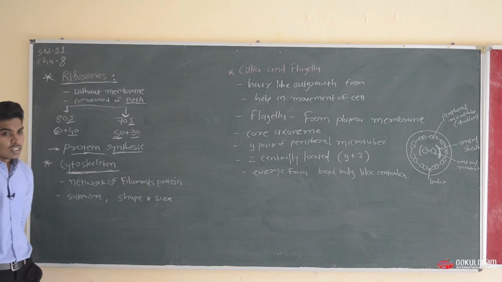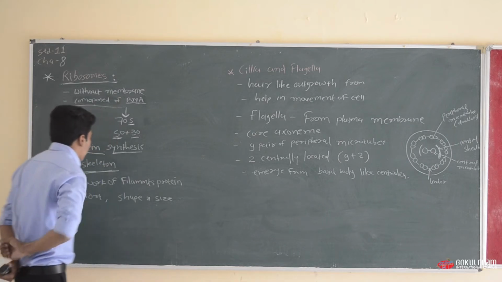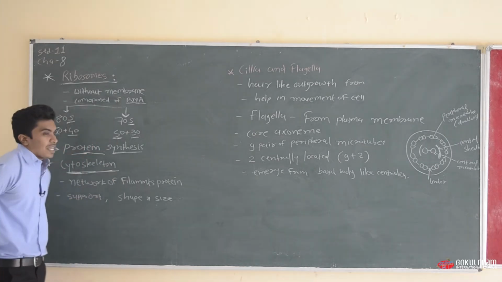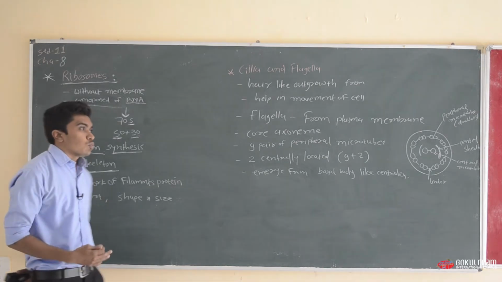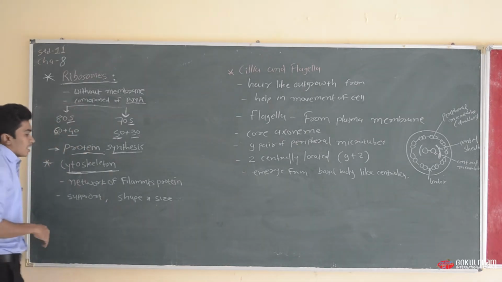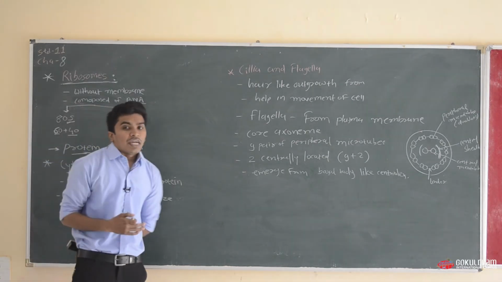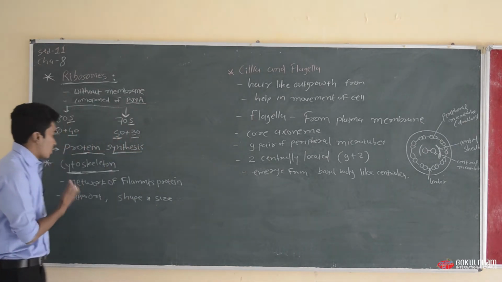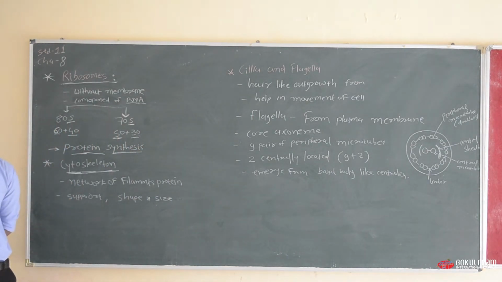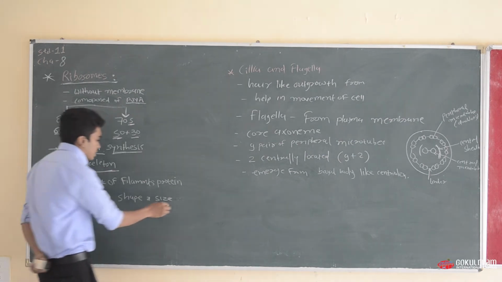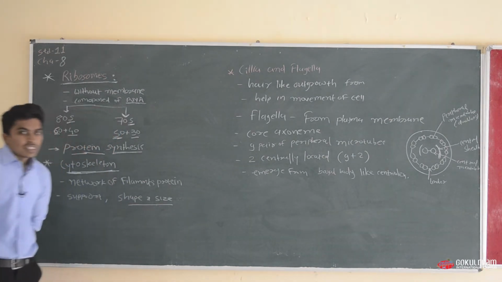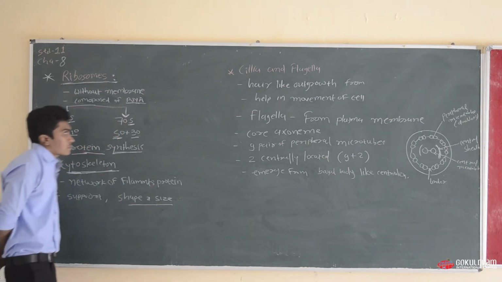Now what is the function of the cytoskeleton? It gives support to the cell and its motility, and it also maintains the shape and size of a particular cell. So this is about the cytoskeleton.